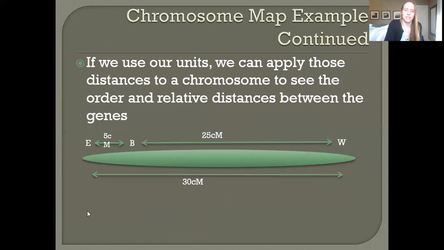So the way that we would draw this, I've kind of drawn like a weird chromosome shape here, but normally you would just draw it as like a straight line, and then show where they fall relative to each other.